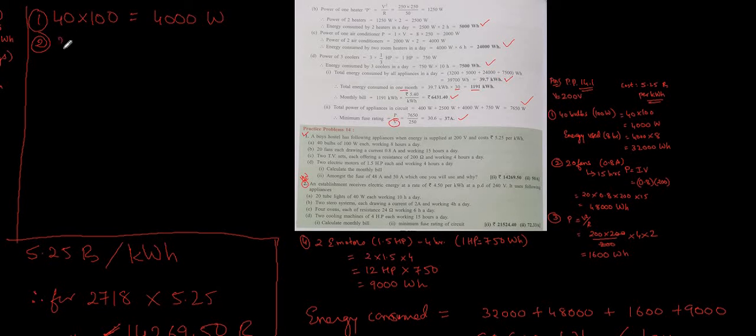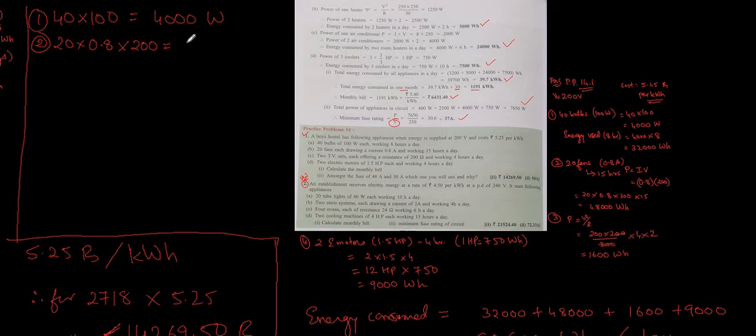Number 2, 20 fans multiplied by 0.8 multiplied by 200.